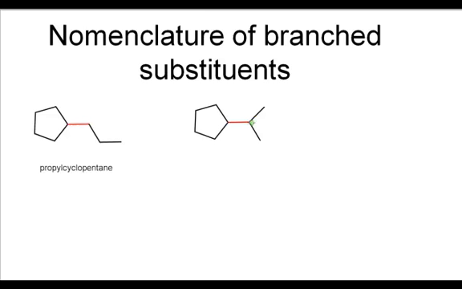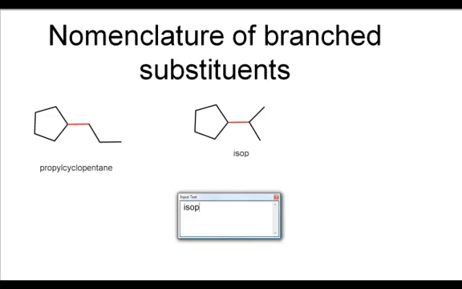Here we have 1, 2, 3 carbons, but you can see that now we're attached to the cyclopentane ring at carbon number 2. The way that I'm going to name this is, for this 3-carbon group, I have a special name. So the name for this substituent is isopropyl.